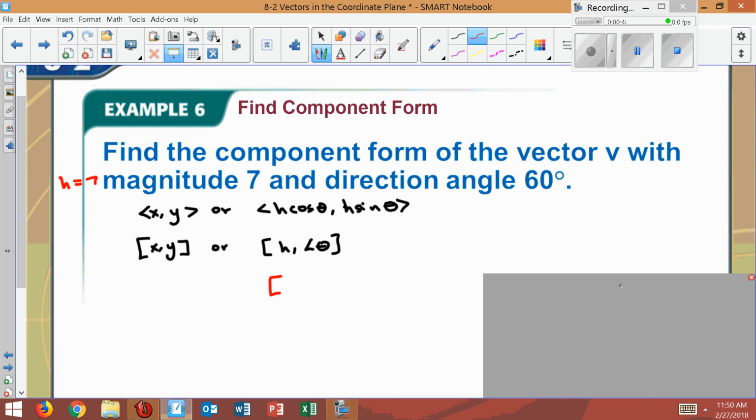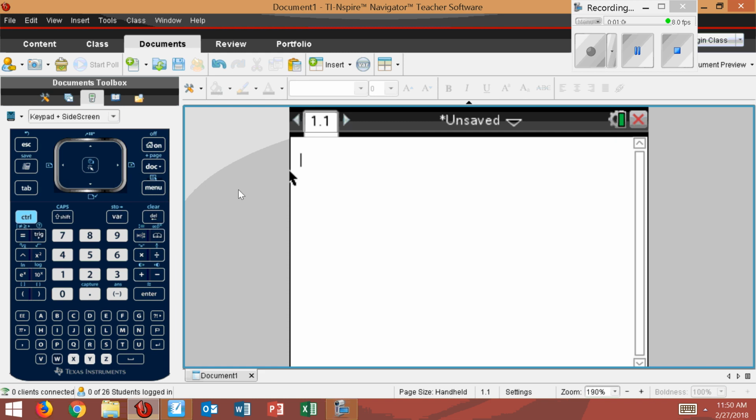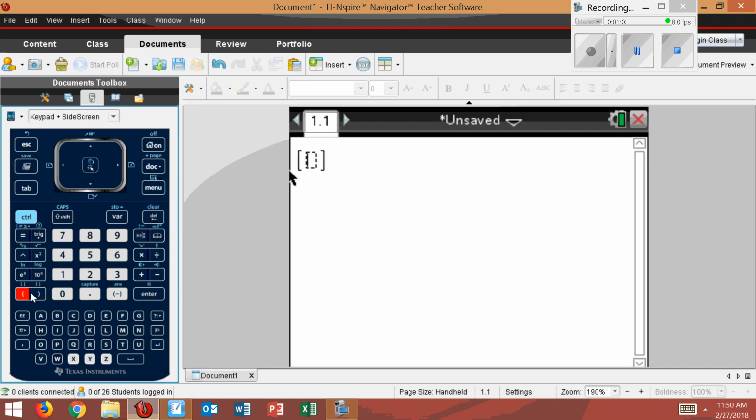So we can go to the calculator and type in 7 there, and it gives us an angle of 60 degrees. I can type that in the calculator, and it should give me the answer right away. I press Control parentheses, and it pulls up the vector brackets.